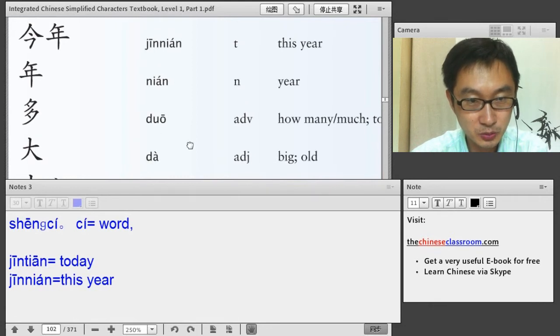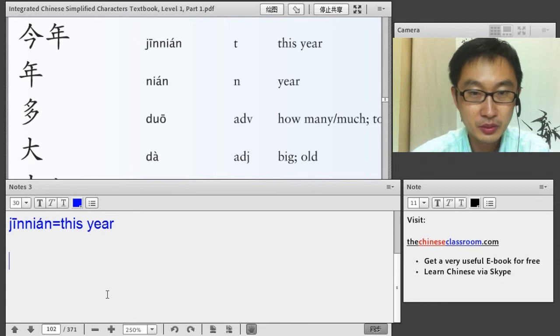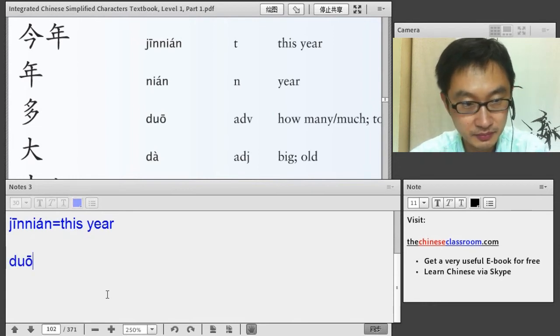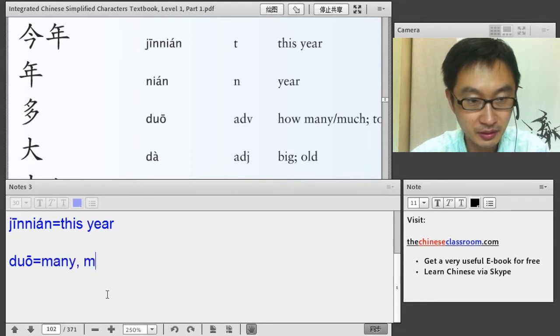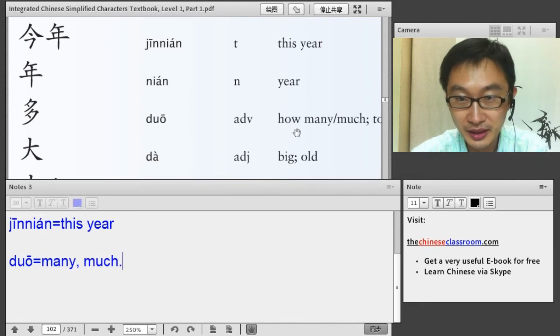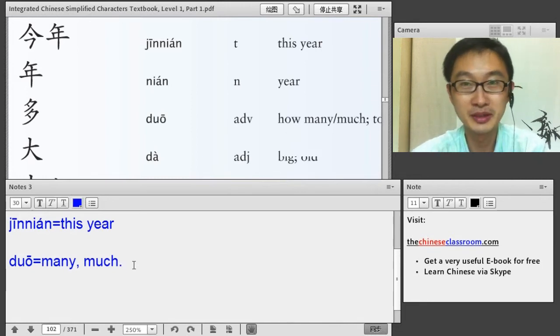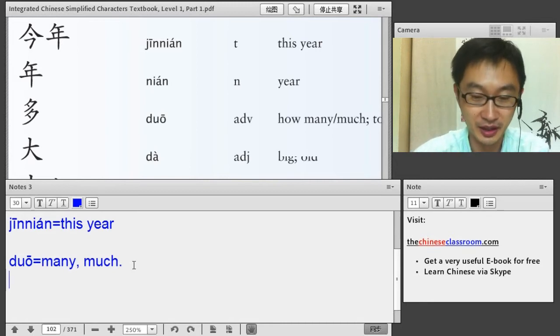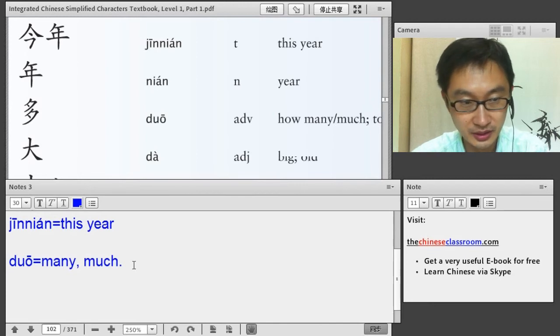Then let's look at this 多. This 多 literally means many or much. But here in the book it said could be how many, how much. It depends. If 多 means how many, it will be followed by a noun, not noun, adjective.